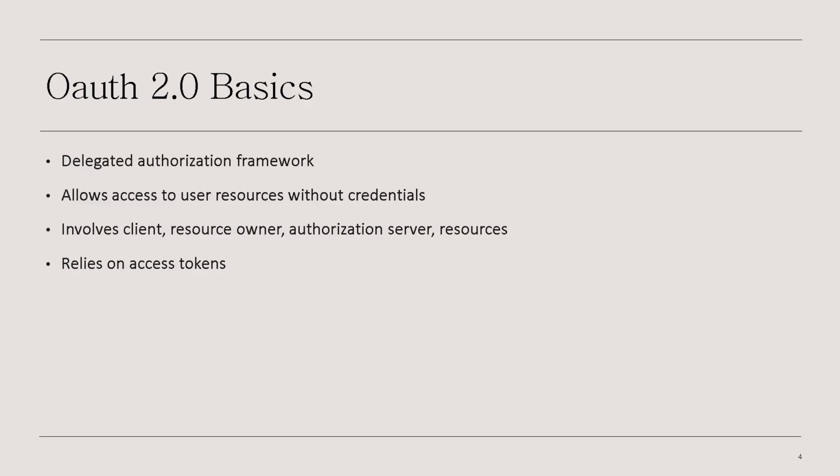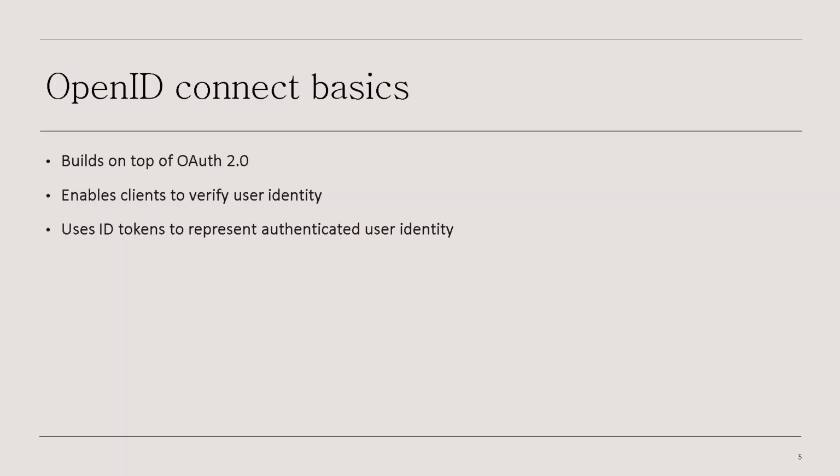It involves interaction between clients, resource owners, authorization servers, and protected resources. Access is granted using access tokens. OpenID Connect builds on top of OAuth 2.0 to enable clients to verify user identity. It uses ID tokens to represent an authenticated user identity.